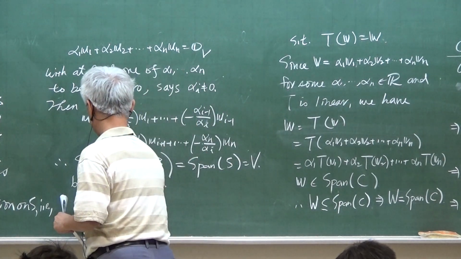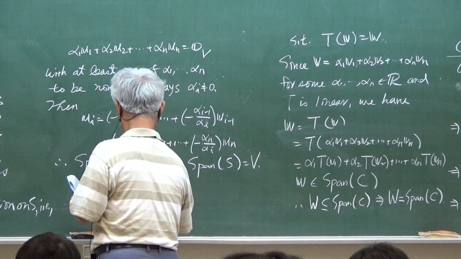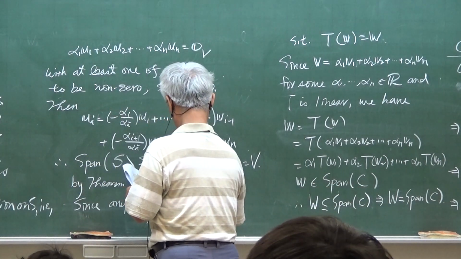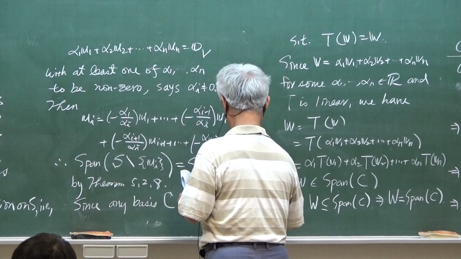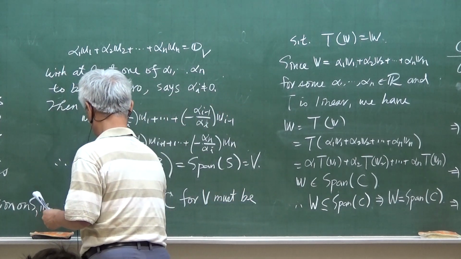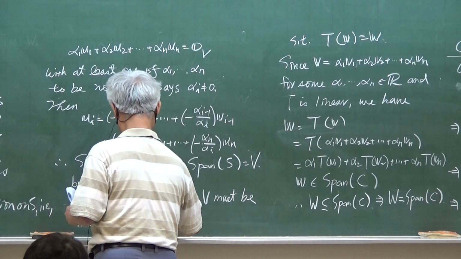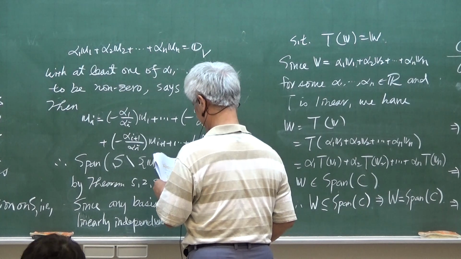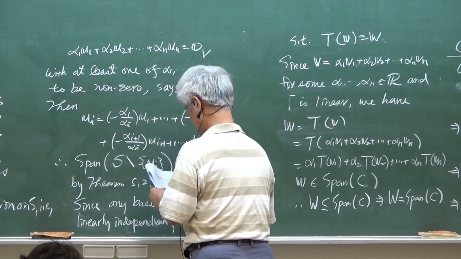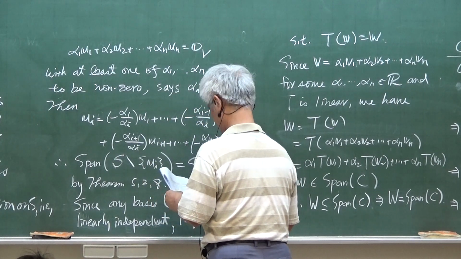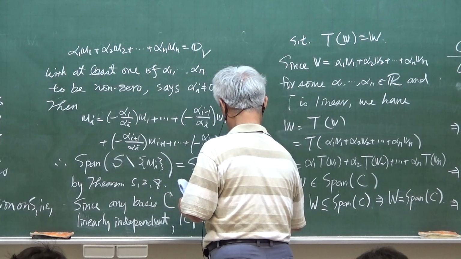Now since any basis C for V must be linearly independent, the size of C must be less than the size of the spanning set.